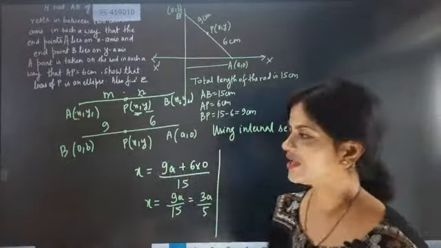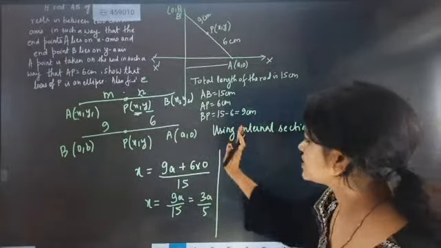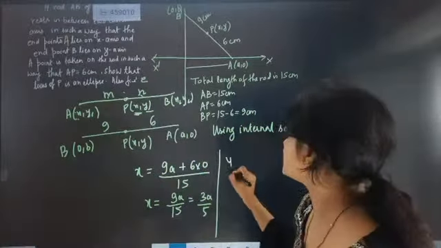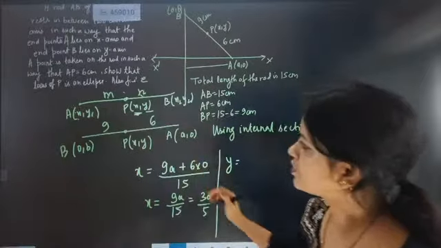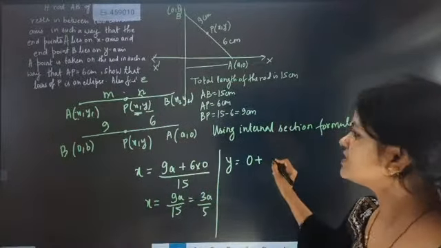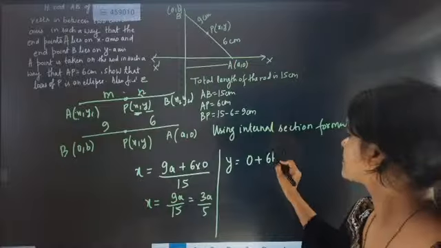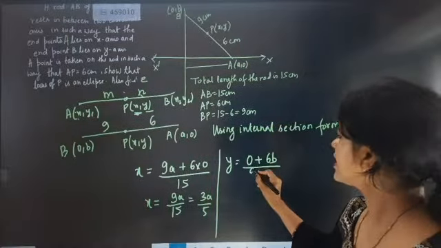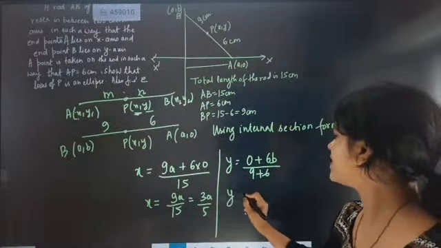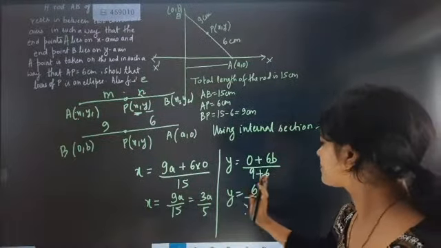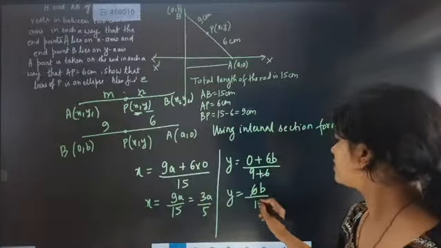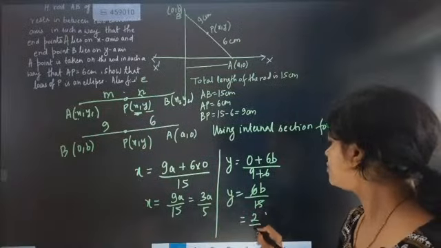Now what will be y? Y point will be coming as 9 into 0 plus 6 into b by 9 plus 6. So it is coming as 6b by 15. So 2 by 5 b.